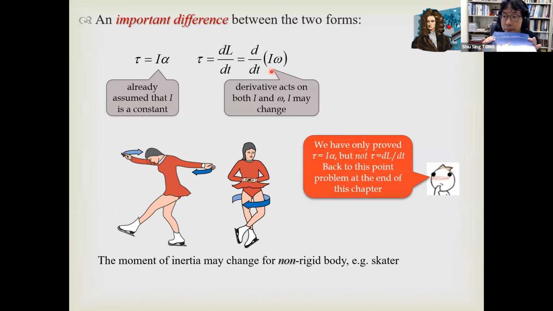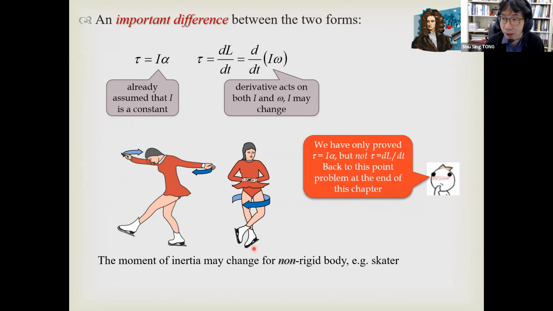This is not rigid. And I don't know if you have seen the skater on the television. When the skater does a spin about an axis on her body, when she contracts her arms and her legs, she spins faster. And that is a consequence of an important law called conservation of angular momentum.